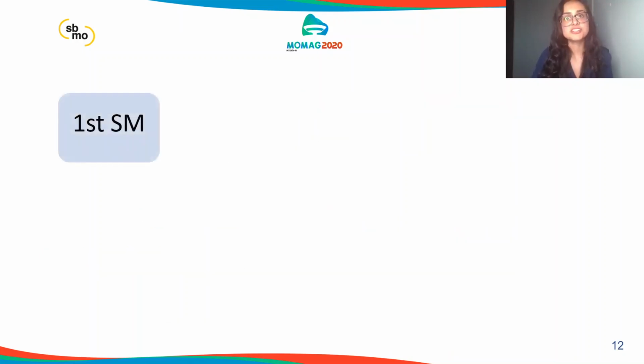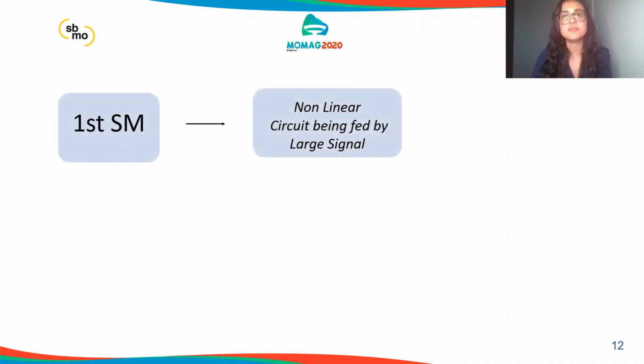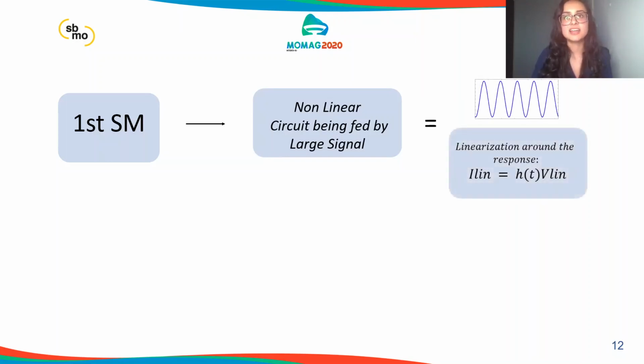Thus, a first shooting method is applied in the nonlinear circuit being fed by the large signal fundamental independent source acting separately, and at the end of the simulation, the function is linearized around the result. Thus, the signal becomes time-varying with the same frequency as the fundamental signal.